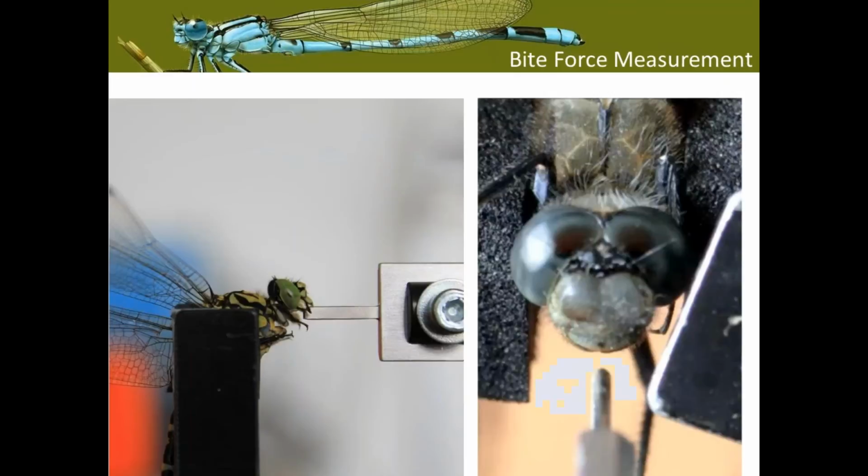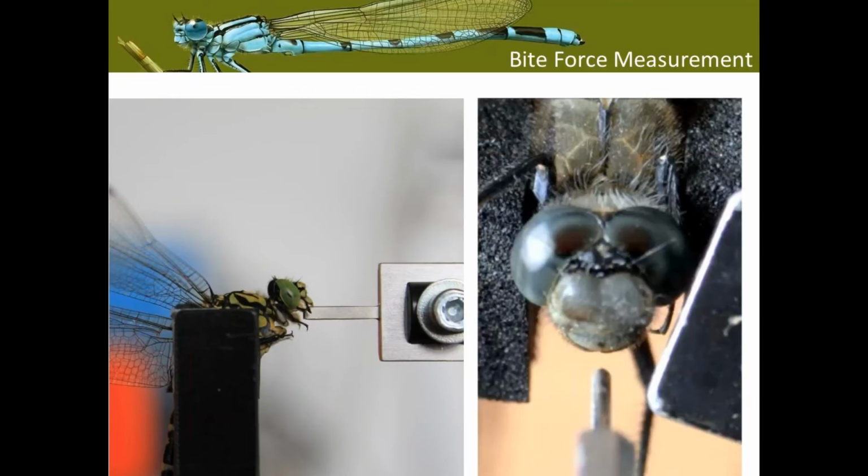The next step was that we needed to import some force data of the dragonflies. As Alexander already mentioned, those are really small insects, and that's why we used these sensors here. They're custom-made piezoelectric force sensors.